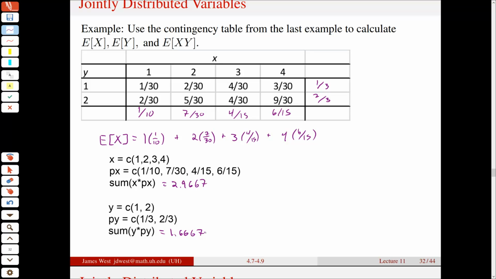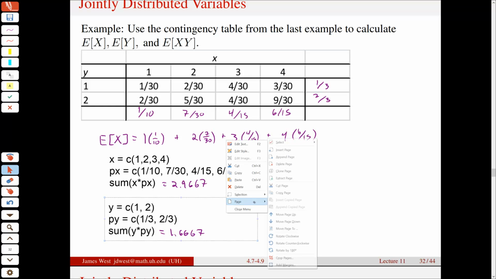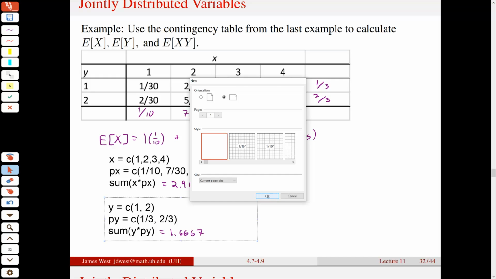Now the expected value of x times y is a bit more complicated. The expected value of x times y has to be calculated by summing over all possible values of x and y, x times y times f of x, y.